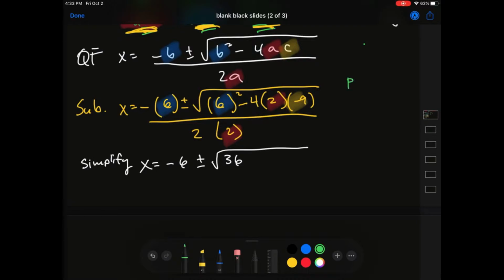You're essentially doing PEMDAS. So we did the exponents, and now you're doing multiplication and division here. So this is negative 4 times 2, and then that's negative 8, and negative 8 times negative 9 is a positive 72. All over 2 times 2, which is 4.